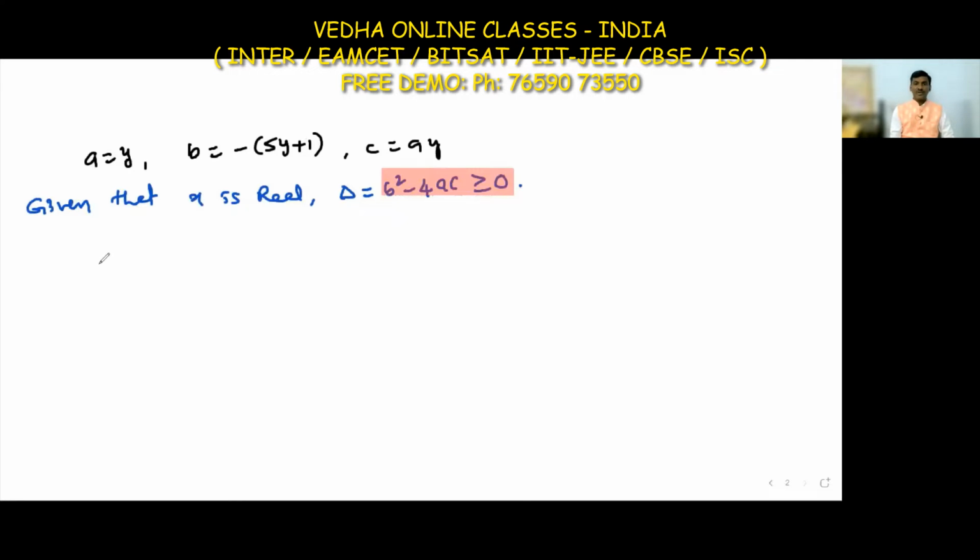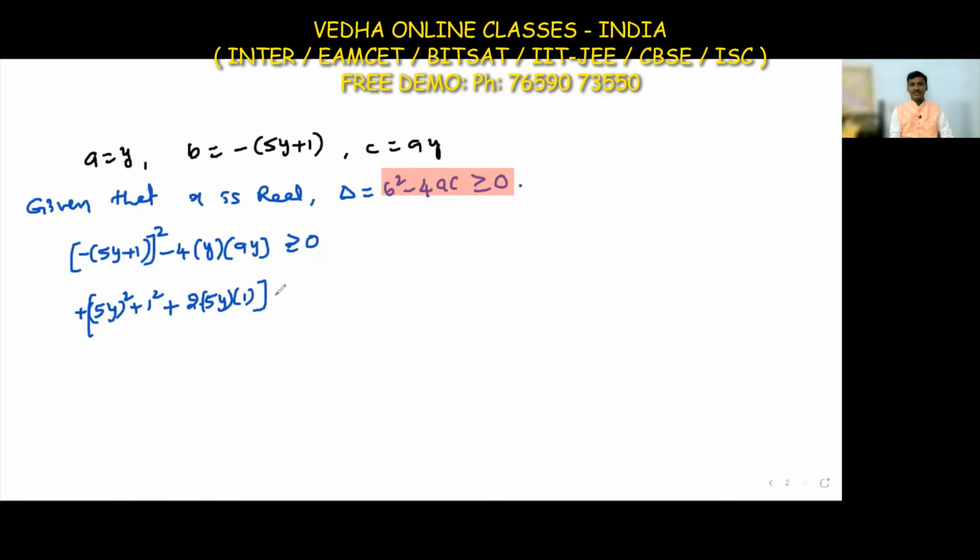Okay, so that is nothing but b square, minus of 5y plus 1 whole square, minus 4ac, 4 into a is y into c is 9y, is greater than or equal to 0. Minus whole square becomes plus, and 5y plus 1 whole square, this is 5y whole square, plus 1 square, plus 2ab, 2 into 5y into 1.